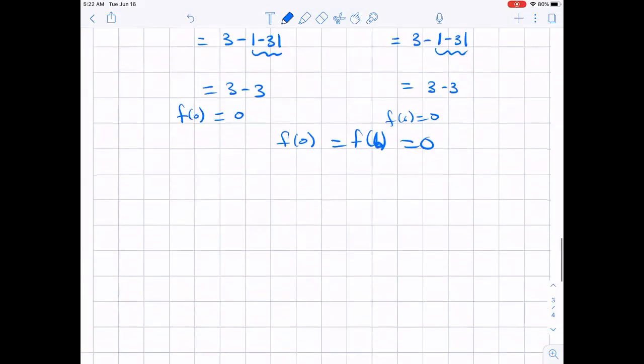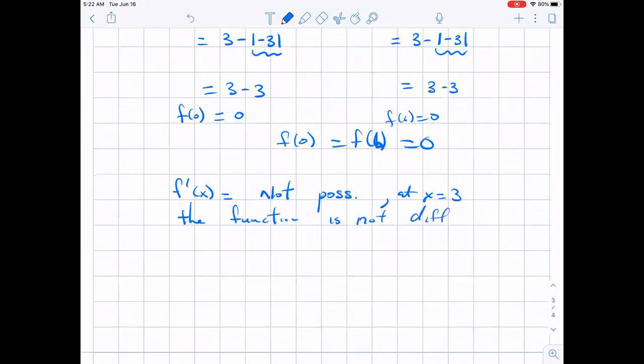But f prime of x equals 0 is not possible, because at x equals 3 the function is not differentiable.